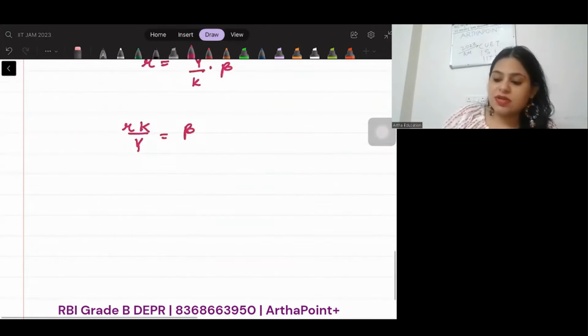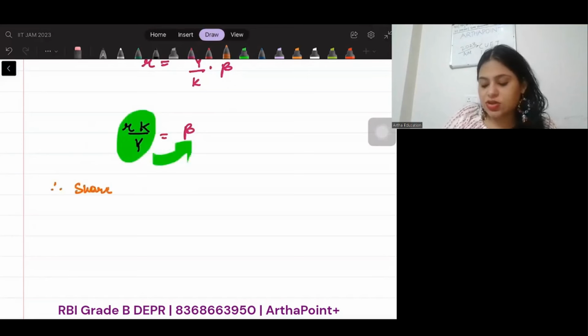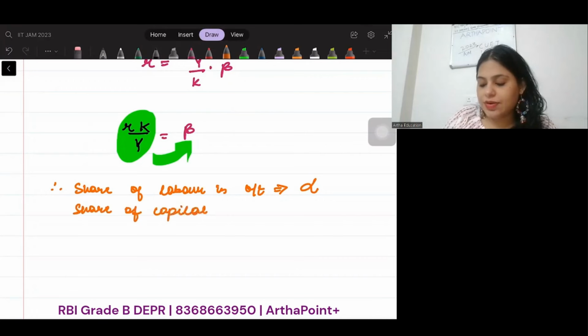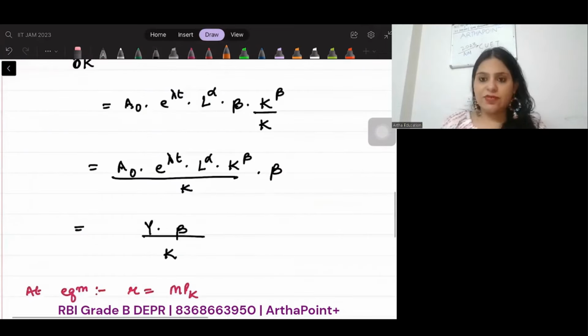This is the share of capital in output, and it is constant. Therefore, we can say that the share of labor in output is constant at alpha, and the share of capital in output is constant at beta. This is what we had to prove.